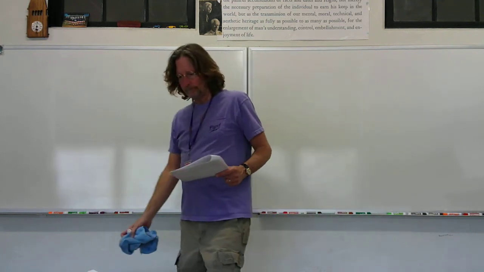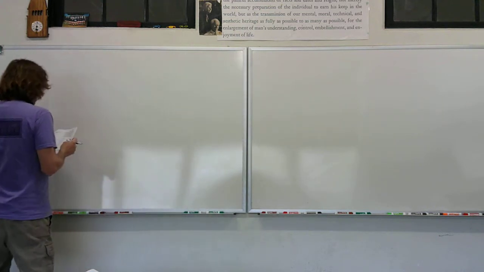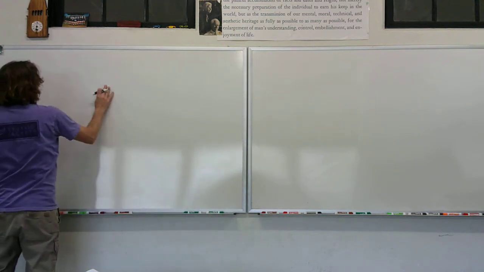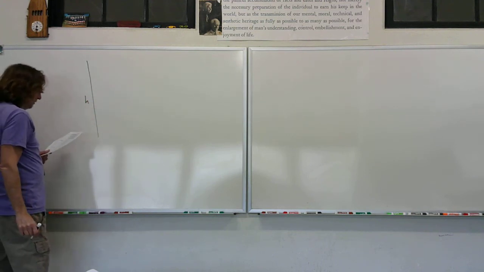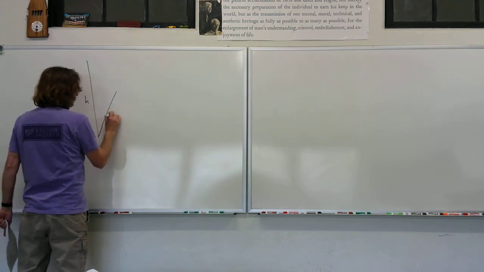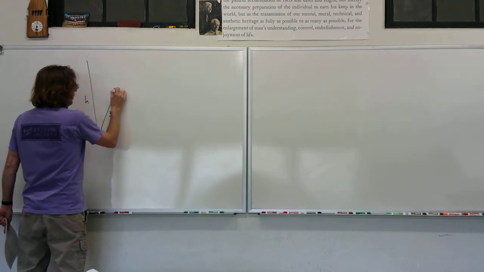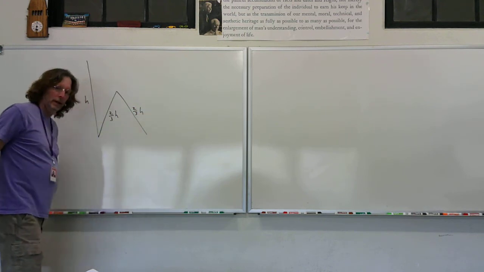All right. Now, a ball is dropped from a height of h feet, so it goes h. Then it bounces, and it bounces to 2/3 of h. And then, of course, it comes back down 2/3 of h.